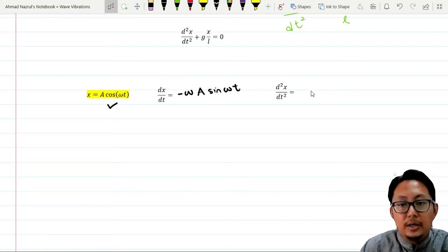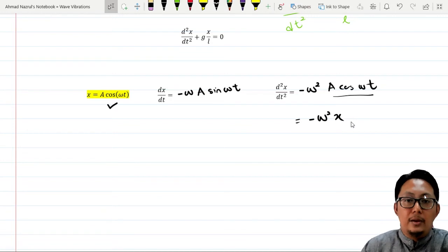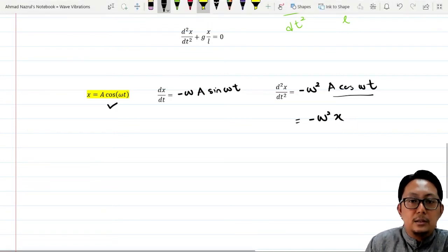Double differentiation gives minus omega squared a cos omega t, and because a cos omega t is the same as x, we have minus omega squared x, and we can put everything in this equation.